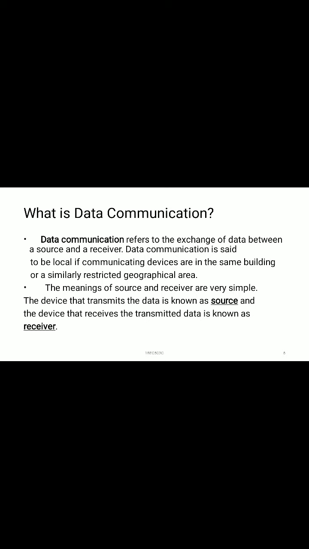So again, exchange of data between the transmitter and receiver, or source and receiver, is called data communication. When both the transmitter device and receiving device are located in a similar geographical area, we call it local data communication.